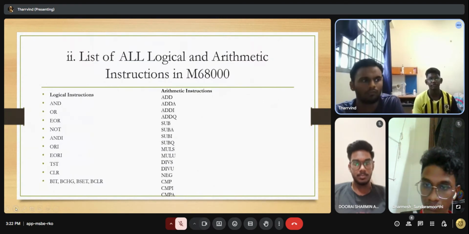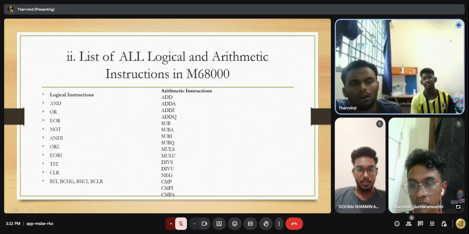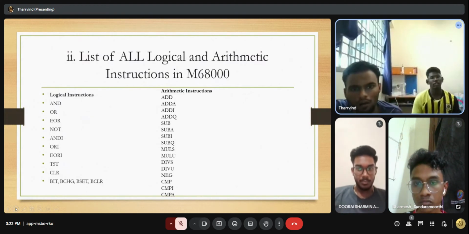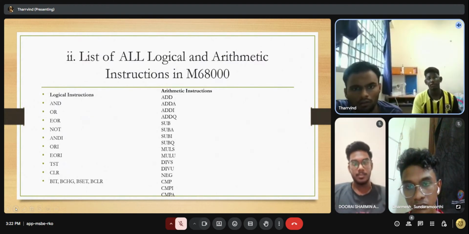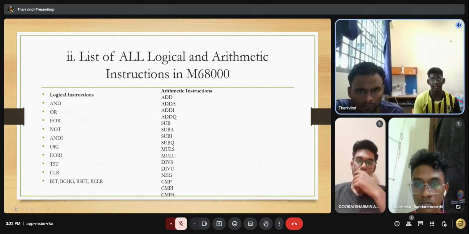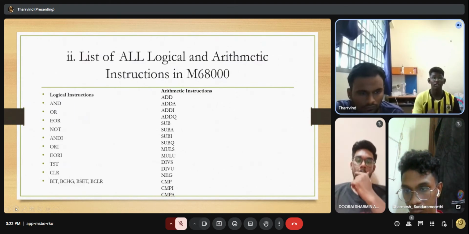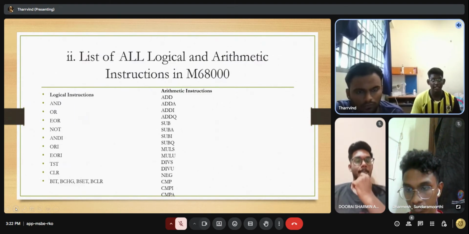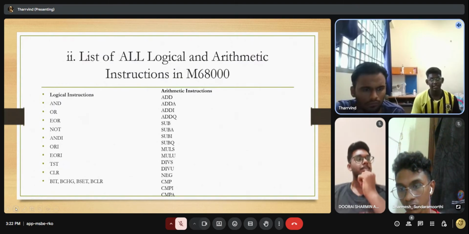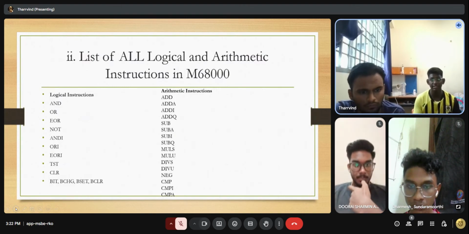Next I'll be listing all the logical and arithmetic instructions in the M68000. Logical instructions: AND, OR, EOR, NOT, ANDI, ORI, EORI, TST, CLR, BTST, BCHG, BSET, BCLR.